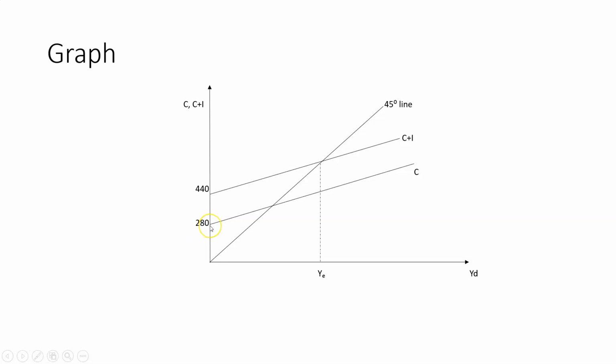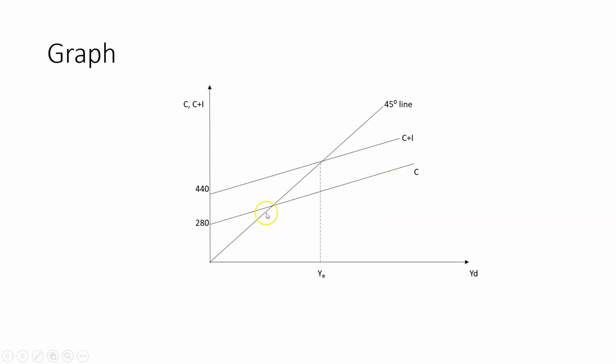So our consumption function starts here at 280 and goes out. Now, we know that I is 160 for all income levels. So C plus I, when income is 0, is going to be 440. That's 280 plus 160 is 440. So you've got these two lines.